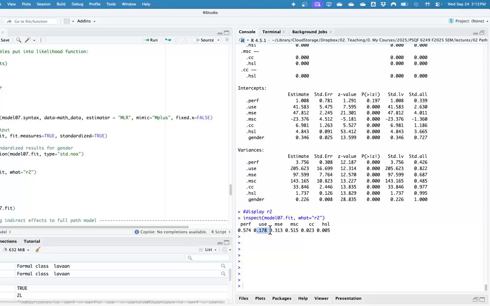So if you added that path that you had found after your model didn't fit, you just explained usefulness a lot more, which is possible. But we're potentially capitalizing on chance to do that, right? And so you might investigate this, but the reality is, if we were to compare these two models, they're virtually indistinguishable based on model fit. You've got a small change in log likelihood. If we had complete data, I don't even think that would be there, though.